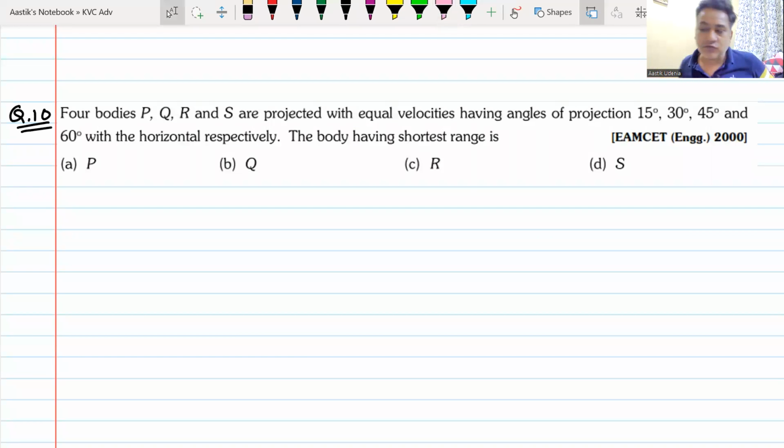Four bodies P, Q, R, and S are projected with equal velocities. When I say equal velocity, they mean the magnitude is same, because if equal velocity, that would mean angle of projection should also be same. So instead of equal velocity, it must be equal speeds.